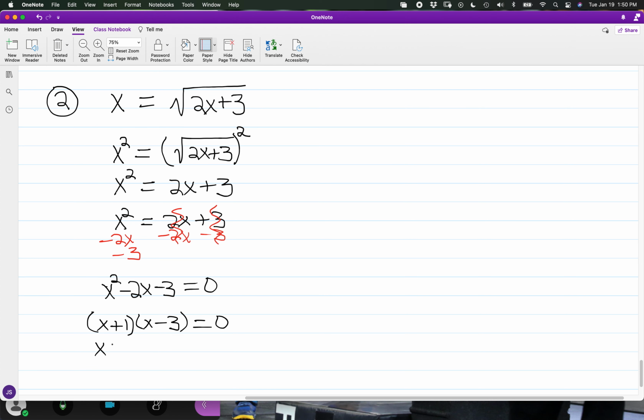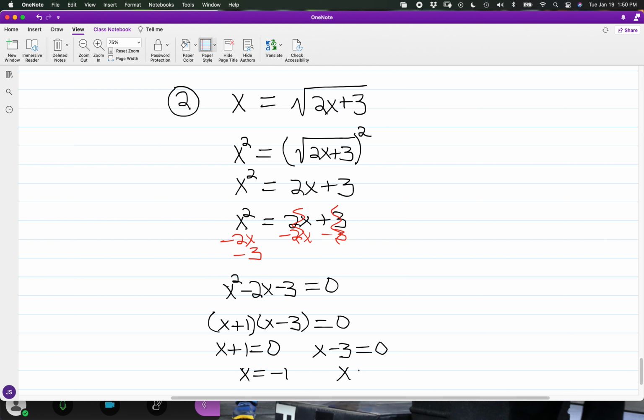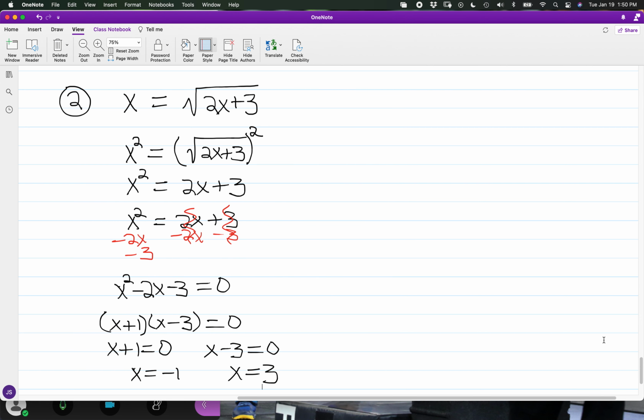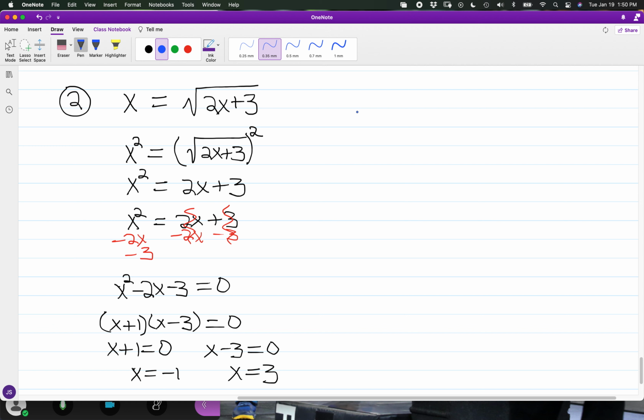And upon using the zero product property, if x plus 1 is equal to 0, now we have that x is equal to minus 1. If, on the other hand, we have x minus 3 is equal to 0, we have that x is equal to 3. Now, in terms of what I mean by apparent solutions, you don't have to write this out, but if I were to check these values, if I check x equal to negative 1, again I have starting out with the equation x equal to the square root 2x plus 3.